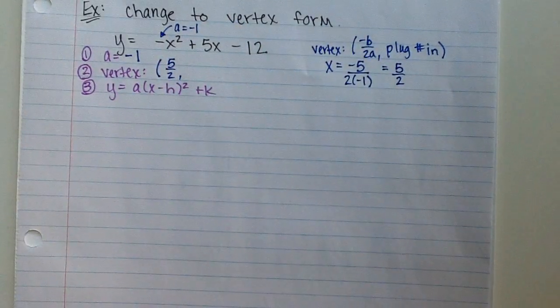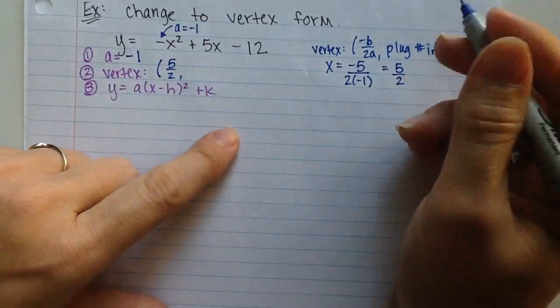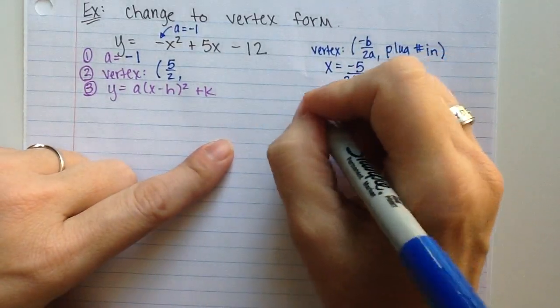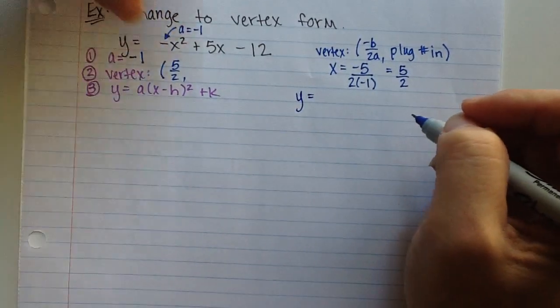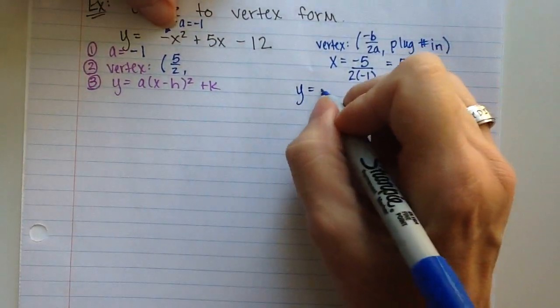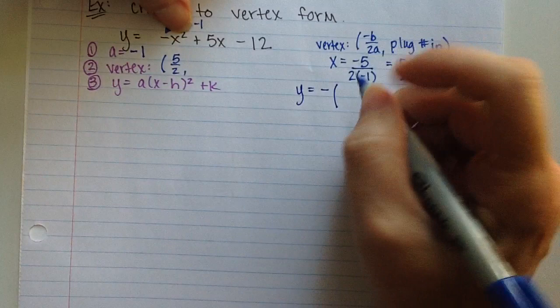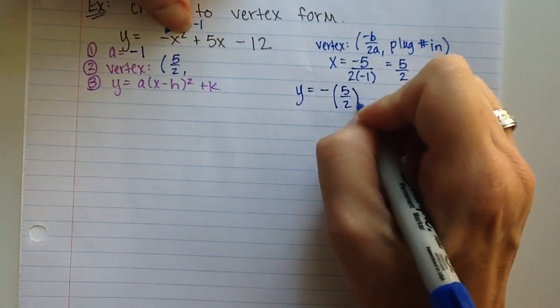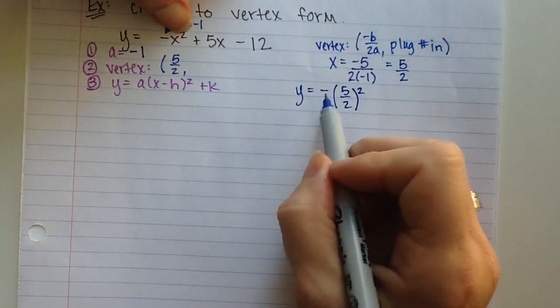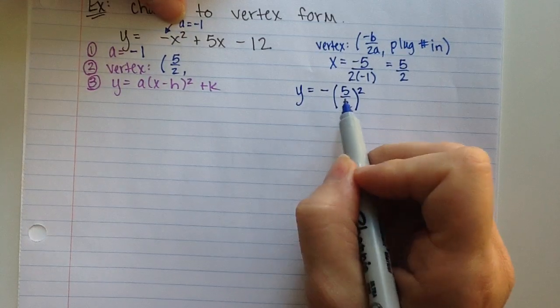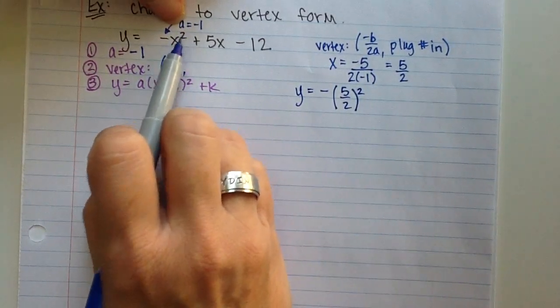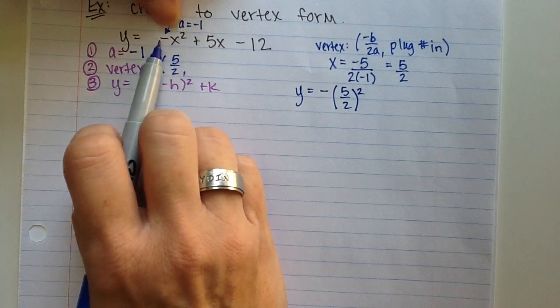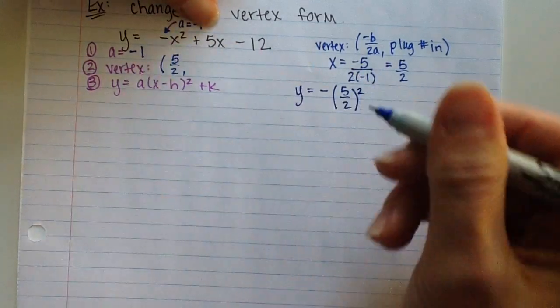And then we have to plug that number in, which, I mean, it's a fraction, so don't panic, just keep your wits about you and we'll make it happen. So we're going to have negative, and then we replace the x with 5 halves squared. It's important that that negative symbol stays outside the parentheses because the only thing that's being squared is the x, so I'll have to square my number first and then apply that negative.